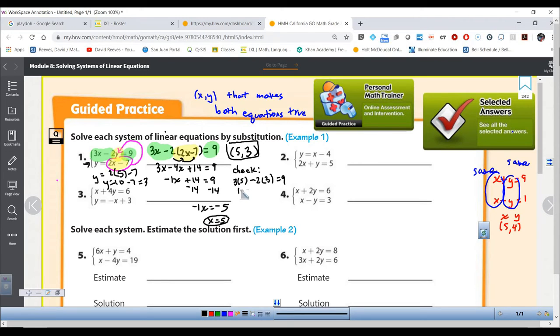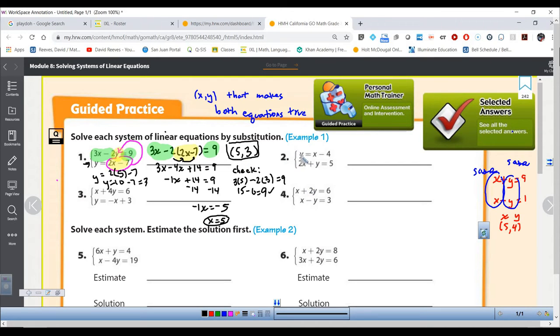So what's 3 times 5? 15 minus 6, and what do we get? We get 9. 9 equals 9. That proves it works in the first equation. And we already know it works in the second equation because we did it right here, right? 2 times 5 is 10 minus 7 is 3. So we found the value of x and y that make both equations true.